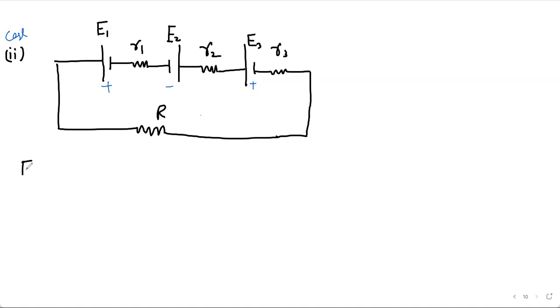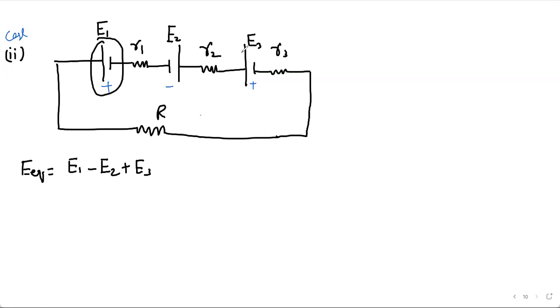So equivalent EMF is E1, positive polarity, minus E2, negative polarity, plus E3, positive. This combination, which has positive to the left and negative to the right, I'm considering as positive. So this will be negative and this will be positive.